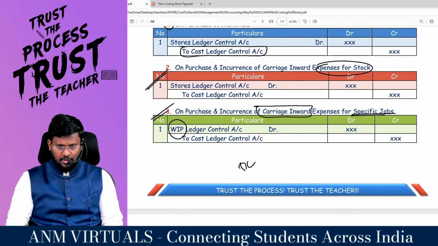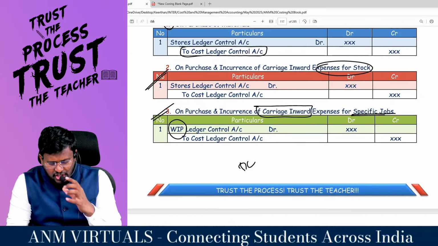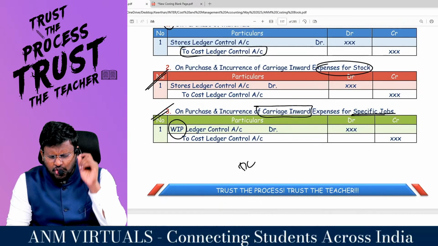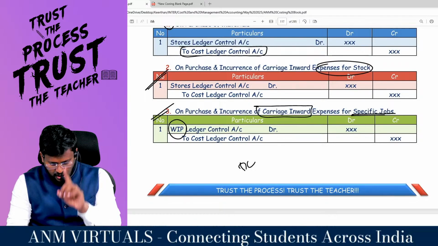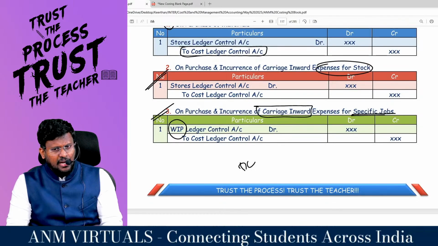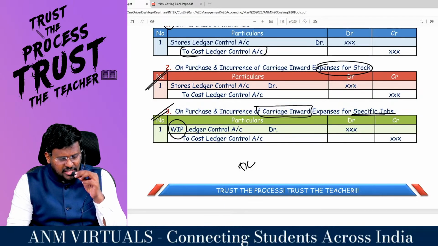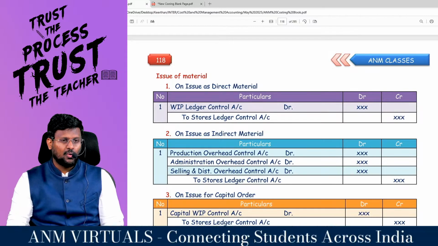Comfortable? On purchase and incurrence of carriage inward expenses for a specific job, don't debit the stores ledger control account. Debit the WIP ledger control account. So entry: WIP ledger control account debit to cost ledger control account.